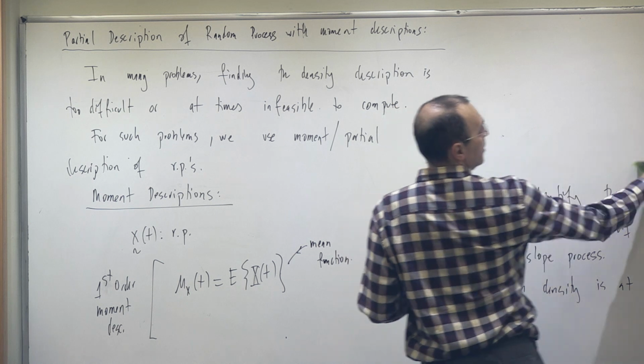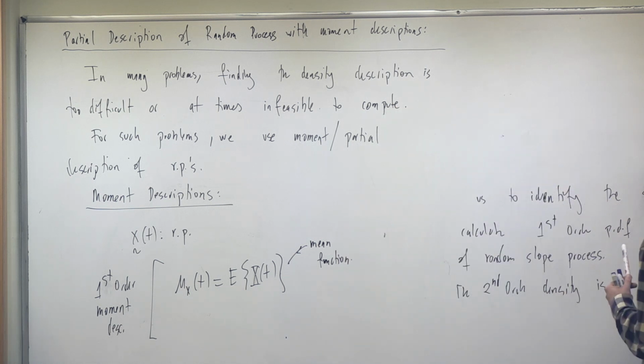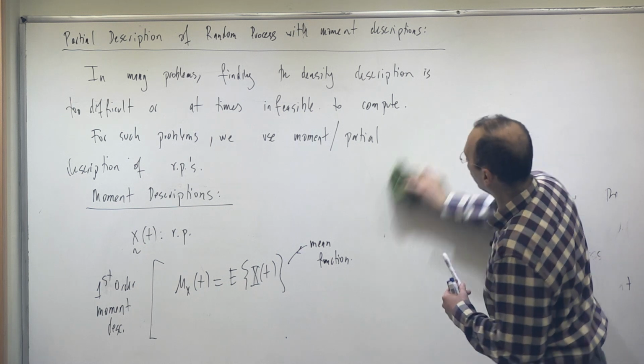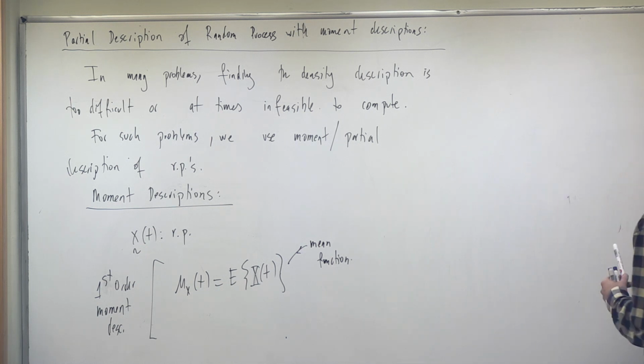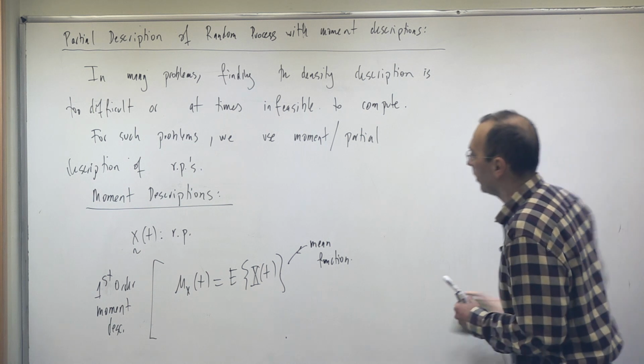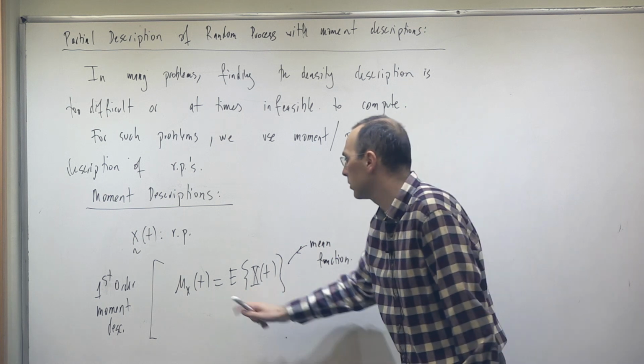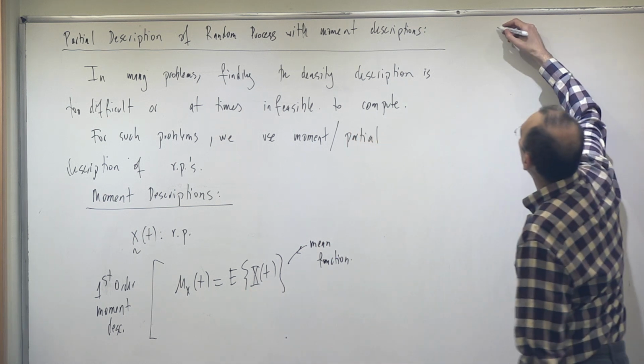You will see this is something very easy to calculate in comparison to the p.d.f descriptions, because the main property of expectation is that you don't need the densities of x1, x2, x3 explicitly to calculate these expectations. I will show what I mean in a second.